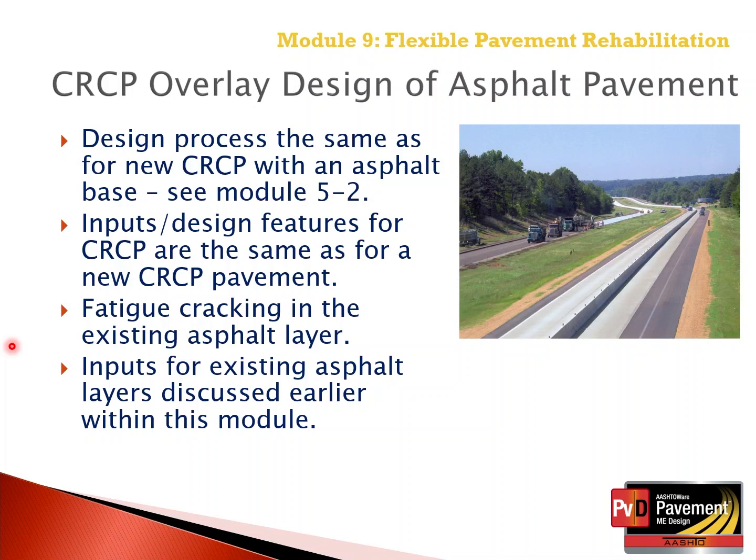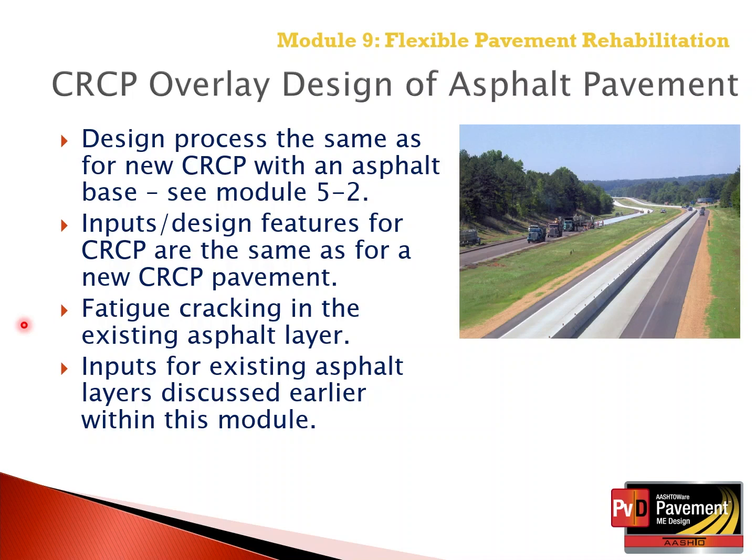The fatigue cracking in the existing layer from the visual distress surveys needs to be entered for the existing asphalt layer, or the back calculated layer moduli of the existing asphalt layer are entered to define the condition and damage of the existing asphalt layer.